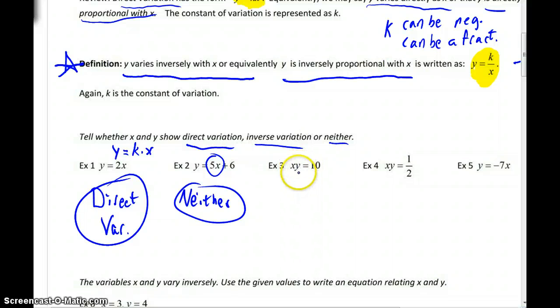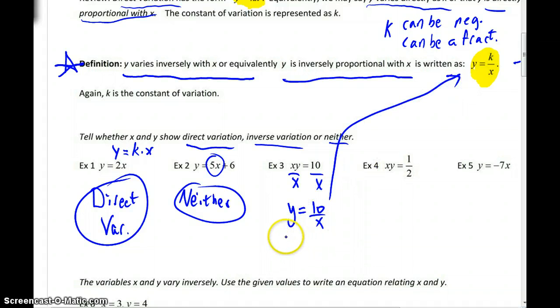For number 3, let's get y by itself. Let's divide both sides by x. We could see y is equal to 10 divided by x. You can see, just like we have up here, this is inverse variation. We have a number divided by x. Very similar for number 4. We could divide by x once again.